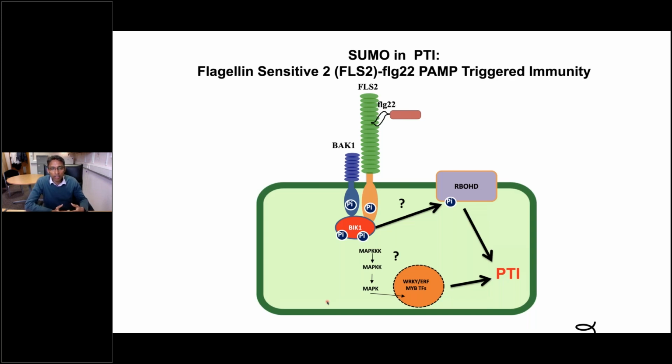We were starting to understand the role of SUMO proteases in the immune response. So what we started to do is to look for SUMO proteases which are impaired in PAMP-triggered immunity, in this case through flagellin.